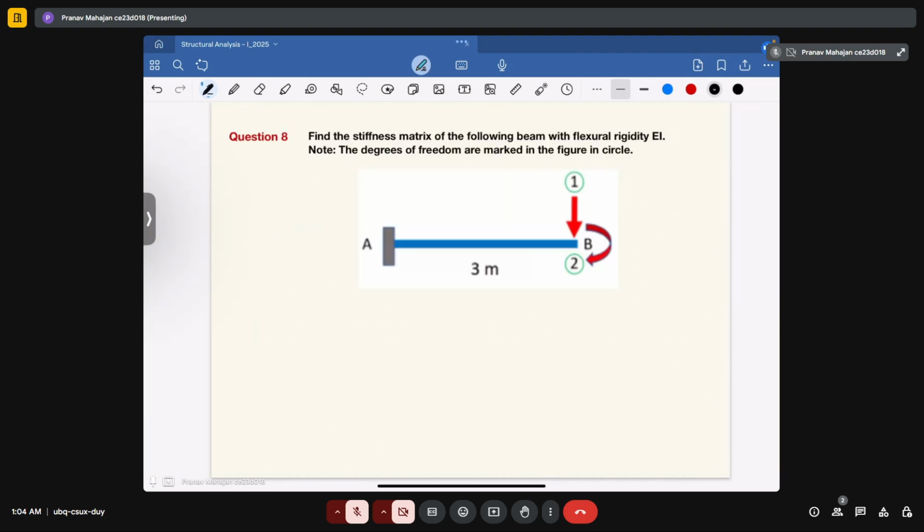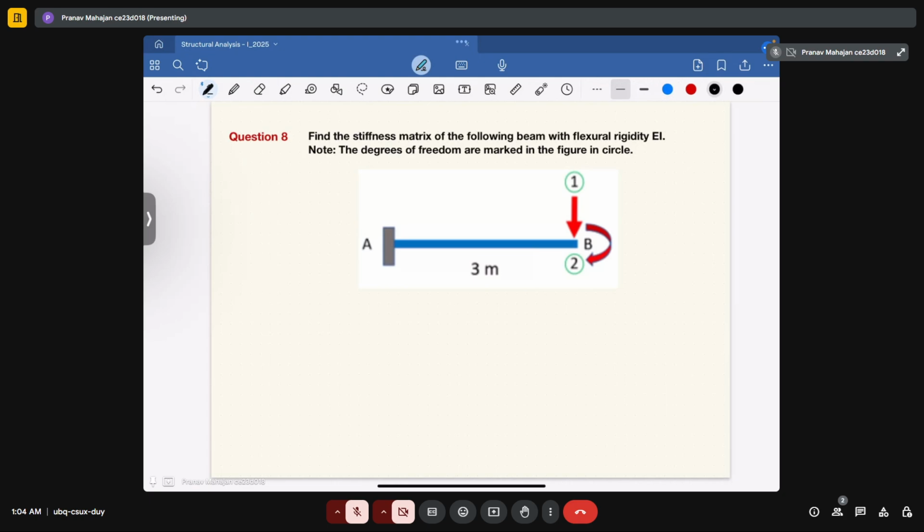Okay, let's solve one more problem. In this, it is given to find the stiffness matrix of the following beam with flexural rigidity EI. Note the degrees of freedom are mentioned in the structure as given in the circle. As end A is fixed, there will be no degree of freedom there, whereas end B is free.